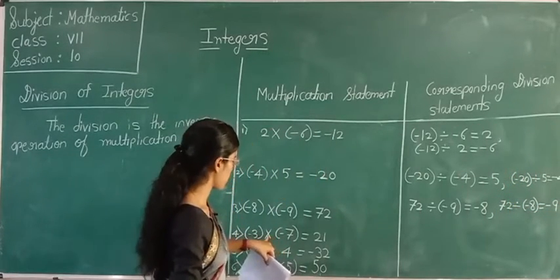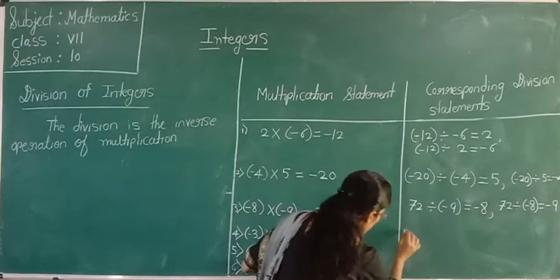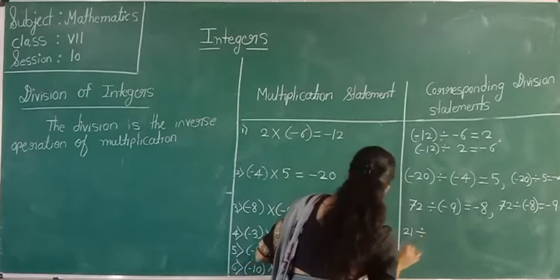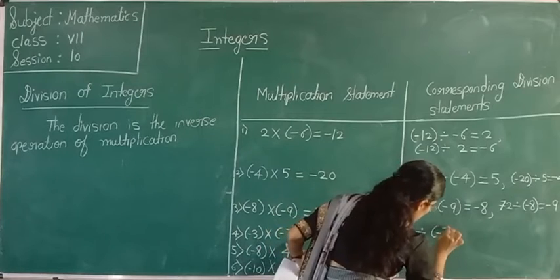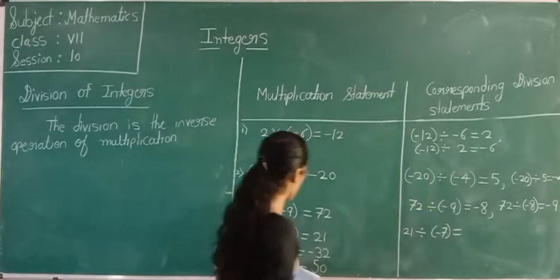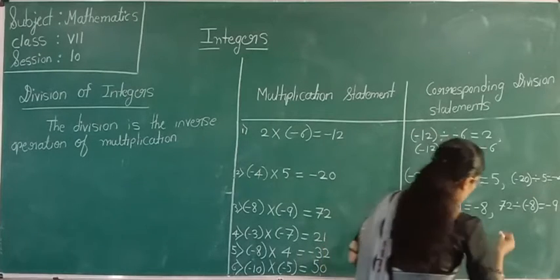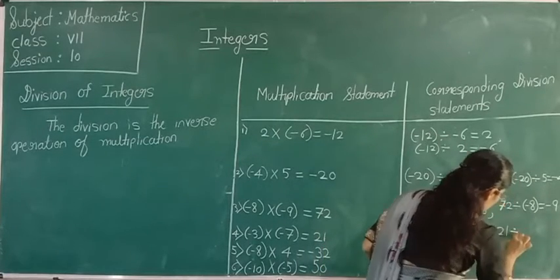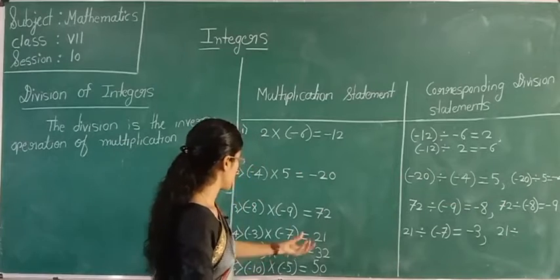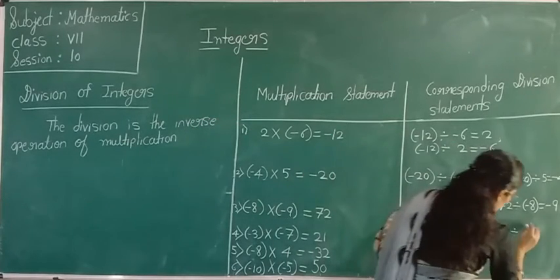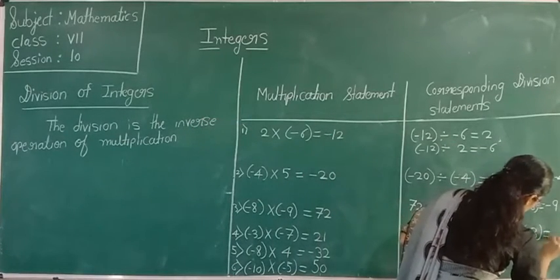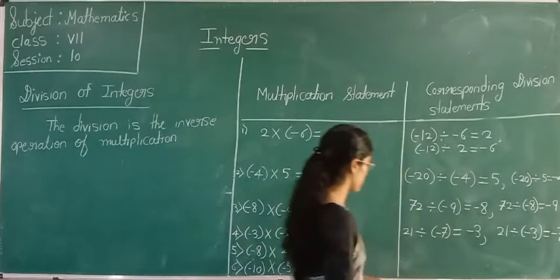Next we will see the fourth one. 21 divided by minus 7 is minus 3. 21 divided by minus 3 is minus 7. Okay.